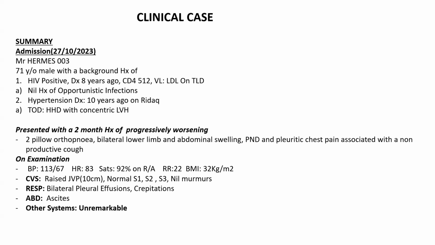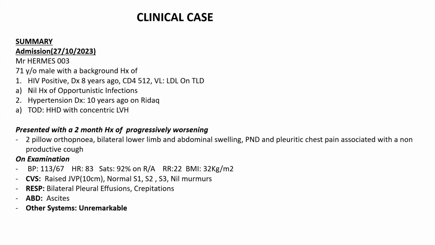So he presented with a 2-month history of progressively worsening two-pillow orthopnea, bilateral lower limb swelling, abdominal swelling, PND, pleuritic chest pain associated with a non-productive cough. On examination, he had a normal blood pressure and a heart rate of 83. Sats were 92% on room air, and he had a raised BMI of 32 kg per square meter.